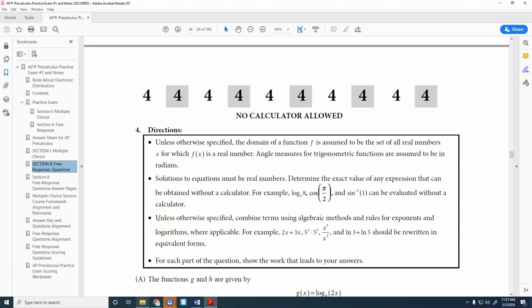Here it says, unless otherwise specified, combine terms using algebraic methods and rules for exponents and logarithms where applicable. So, for example, if you have 2x plus 3x, you can't leave it 2x plus 3x. You got to make it 5x. If you have 5 squared times 5 to the third, you can't leave it that way. You got to make it 5 to the fifth. This would be x to the third. Natural log of 3 plus natural log of 5 should be natural log of 15. You should combine anything when you can.